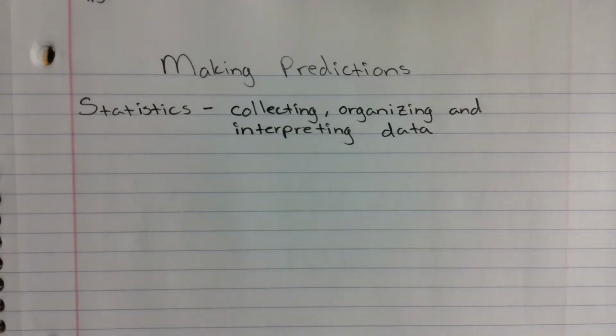So everything in life is about collecting information, interpreting it, and using it to better things. Technology is all about statistics. Every aspect of life is about statistics. That's why nowadays, any career that you decide to go into, you have to take at least 1 or 2 stat classes in college. It's a requirement now.